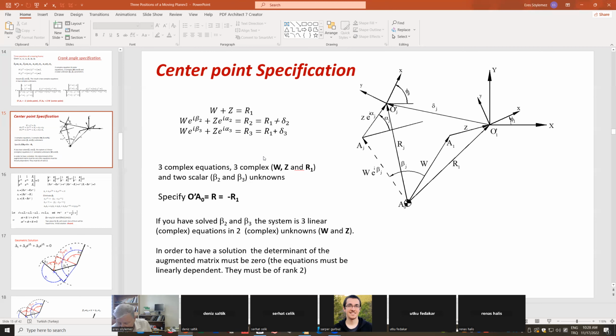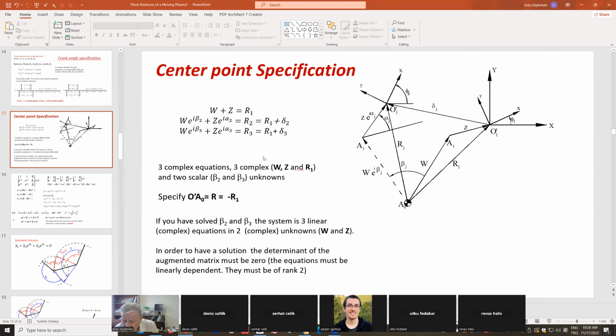W and Z are two complex numbers, so that means I have 4 scalars for W and Z, 2 scalars for each. I have 2 angles, beta 2, beta 3, 2 more. I have 6 scalar unknown parameters, 2 complex and 2 real.